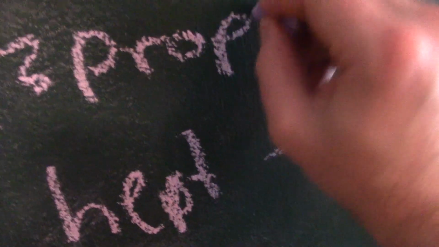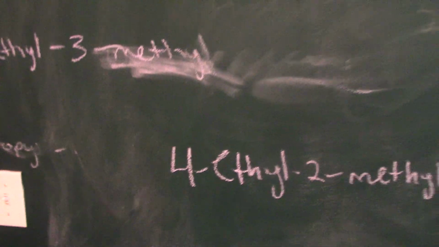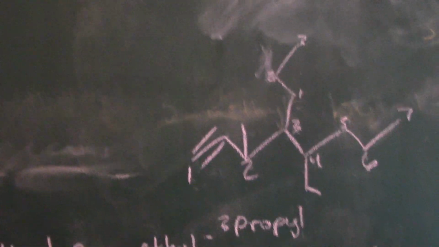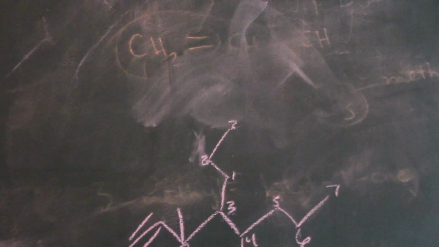Okay. And then I have 2-methyl. And then I have 3-propyl. Okay, so 4-ethyl, 2-methyl, 3-propyl, hept-1-ine.